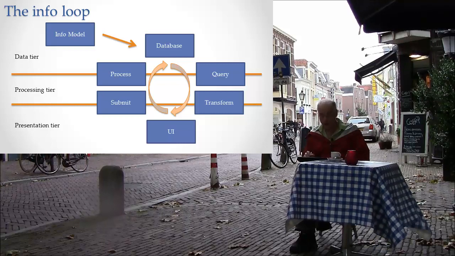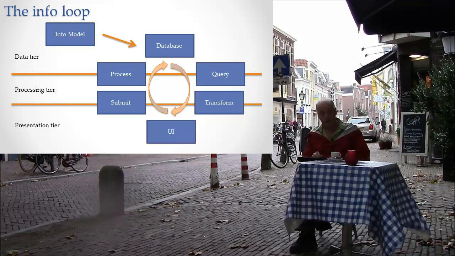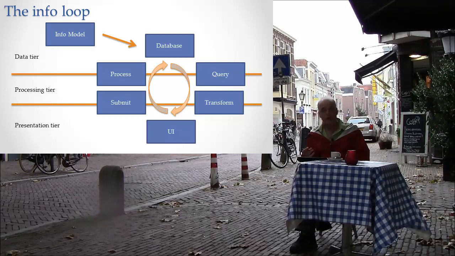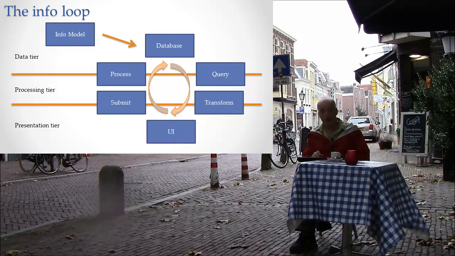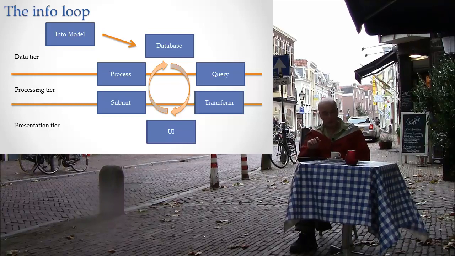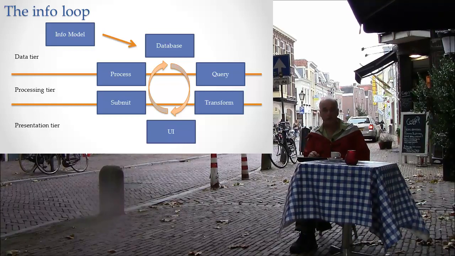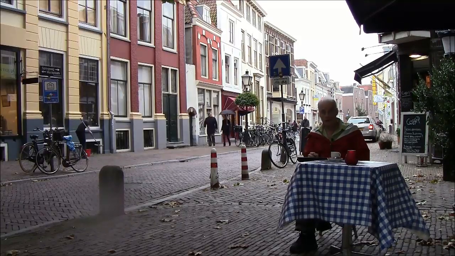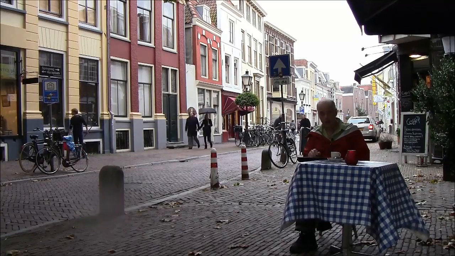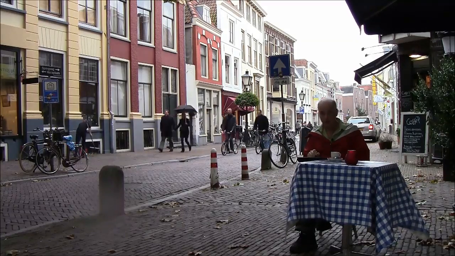Similarly, querying can happen partially on the data tier, partially on the processing tier. It doesn't always happen the same way. So the tiers are one way of saying, in general, data happens over here, but understand that the specific functions that the system performs can be performed part way in one tier, part way in another tier. So the tiers and the processes really don't always map together in a single system.